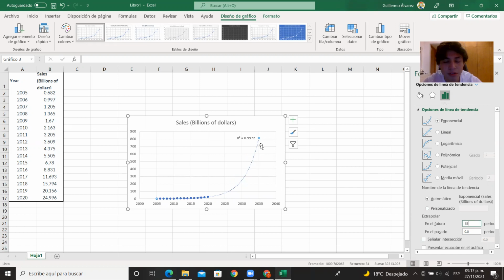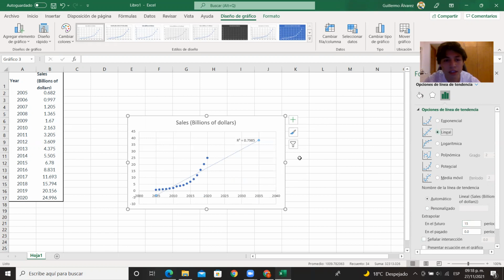Here you have that it is more than 800 billion dollars. That's a lot, so it's not realistic at all. On the other hand, you have the linear, that is 38 and something. So it's more realistic.